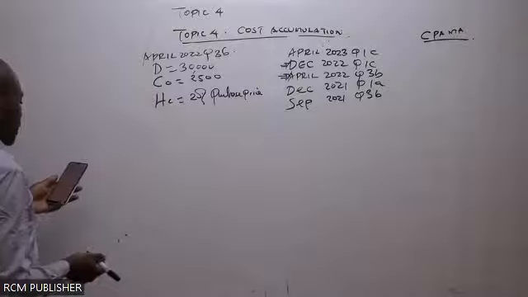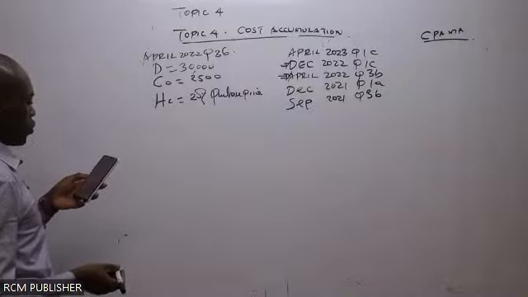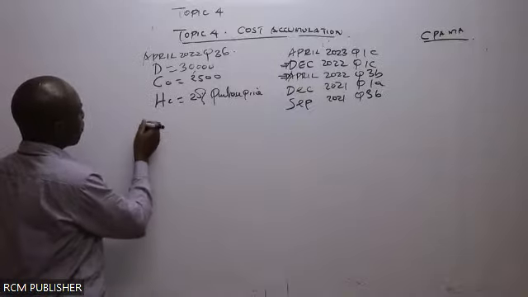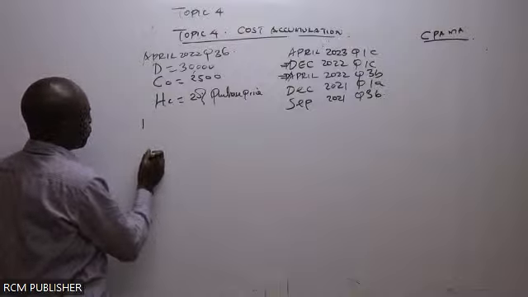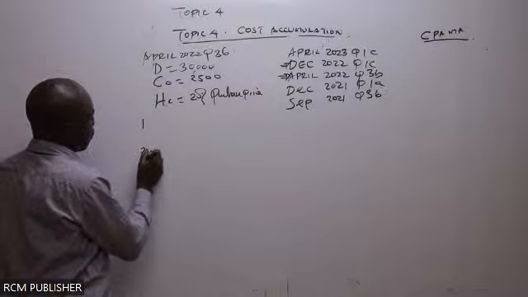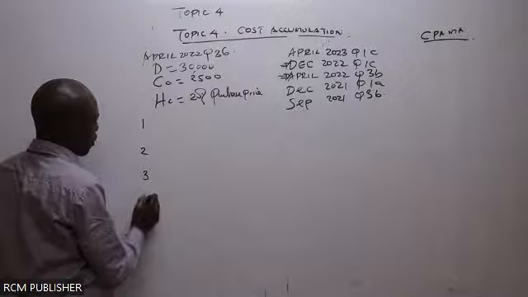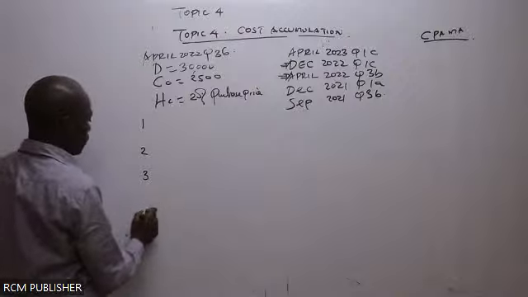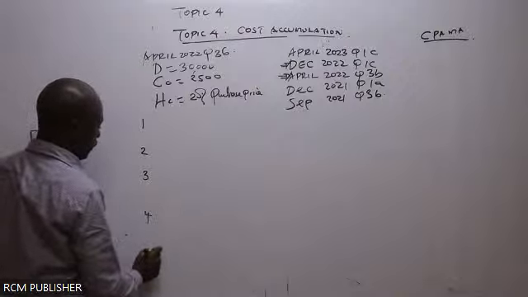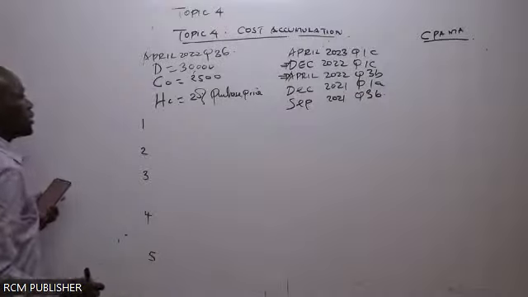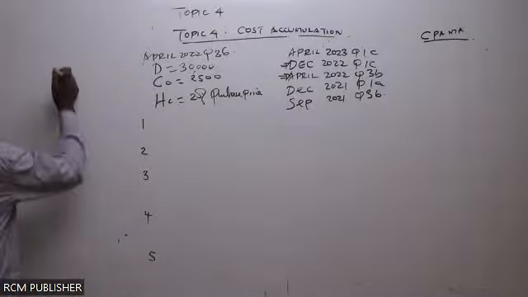We have to get the economic order quantity. So we have range 1, range 2, range 3, range 4, range 5. So let's first of all get the economic order quantity.